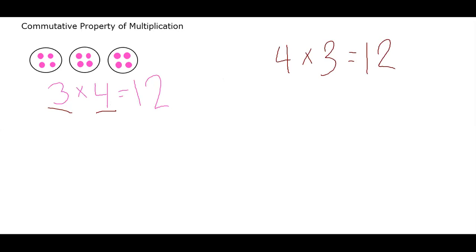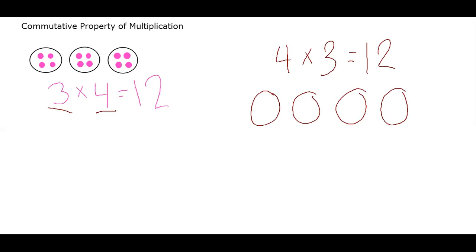Hopefully, we can double check that in the end. Let's start with our first factor of 4. 4 tells me I'm going to have 4 groups. 1, 2, 3, 4. My second factor of 3 tells me I'm putting 3 counters in each group.